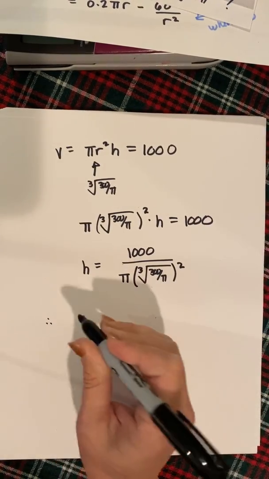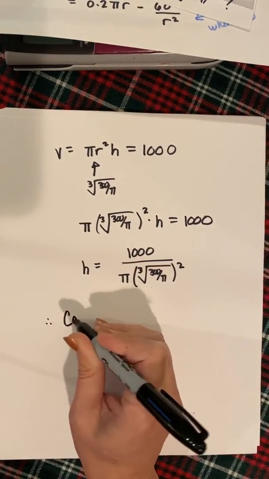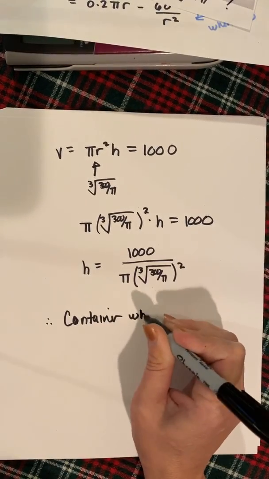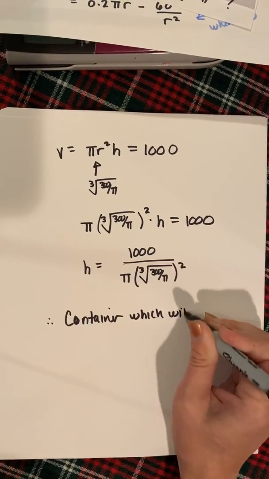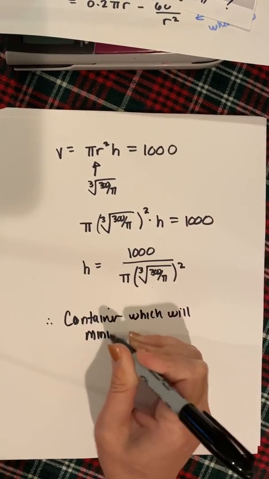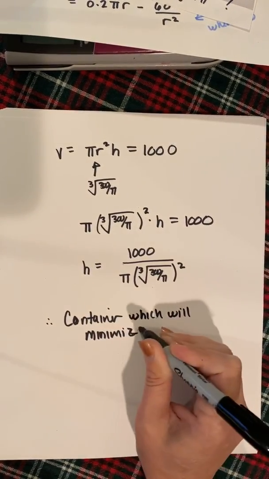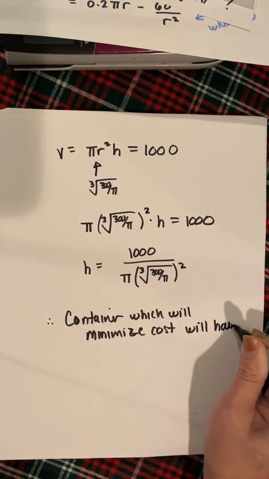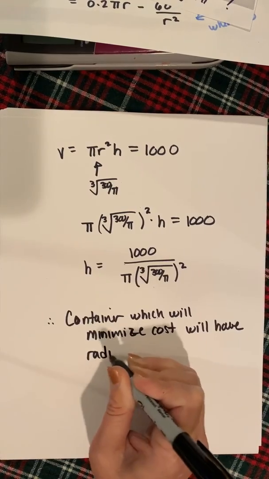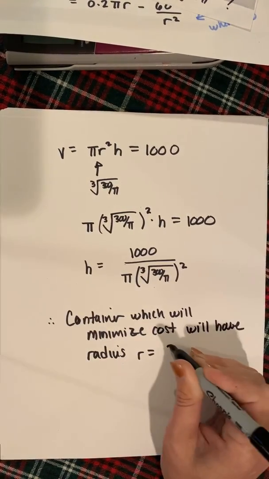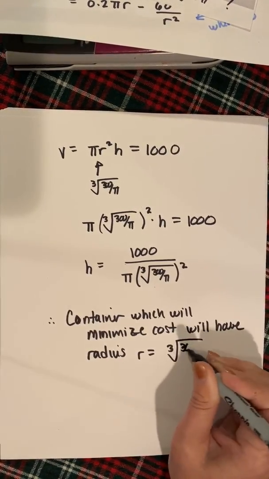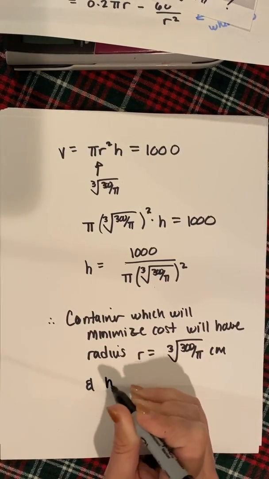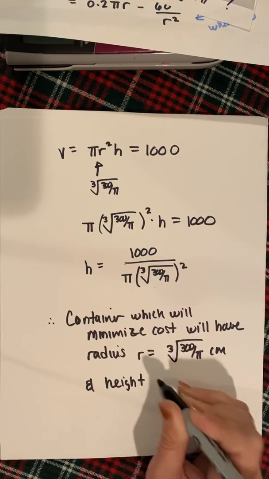So therefore, the can, or the container, which will minimize cost, will have radius r equals the cube root of 300 over pi centimeters, and the height given above.